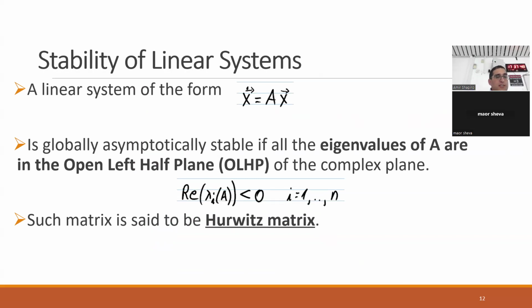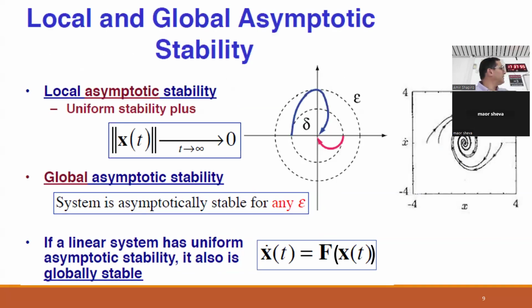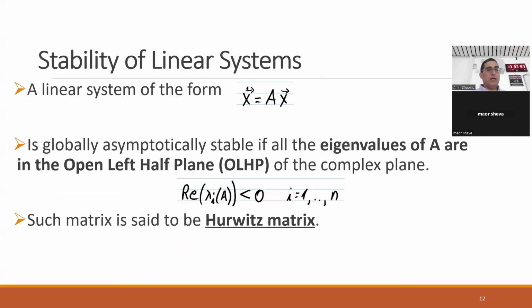Okay, for linear systems, where we do not have x dot equals f of x like here, but we have x dot equals Ax, where A is a matrix, then the system is globally asymptotically stable if the eigenvalues of A are in the open left half plane of the complex plane.